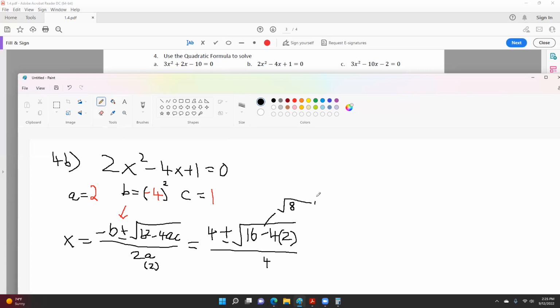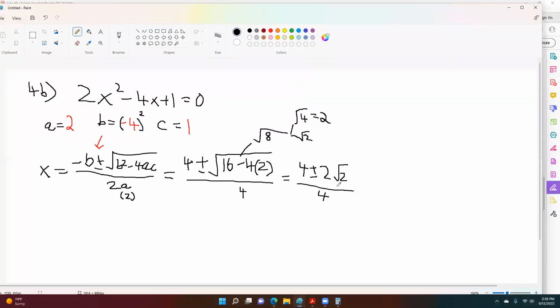But we know root 8 can be broken down into root 4 and root 2, and 4 is the perfect square of 2. So this can be written as 4 plus or minus 2 root 2 over 4. So root 8 is 2 root 2.